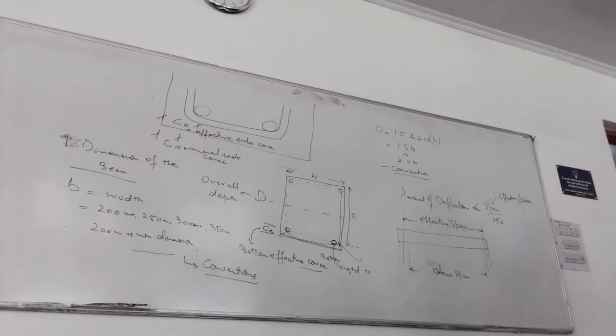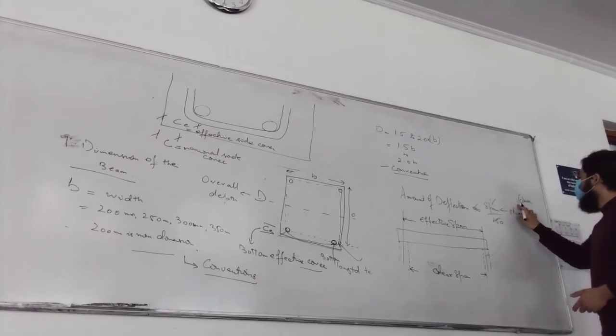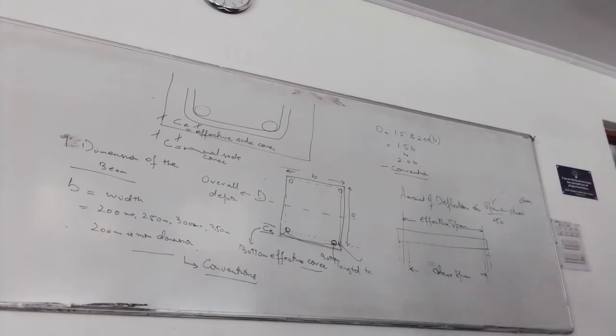And others shall not normally exceed span by 250. Here it's saying span length, but if you check the figure, it's talking about clear span. This is clear span, not effective. You are not getting that probably from the code, but what I know is that this is clear span.